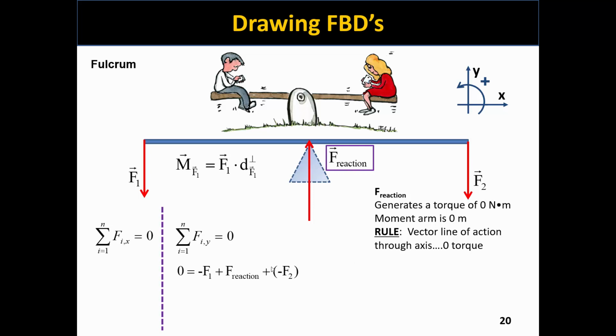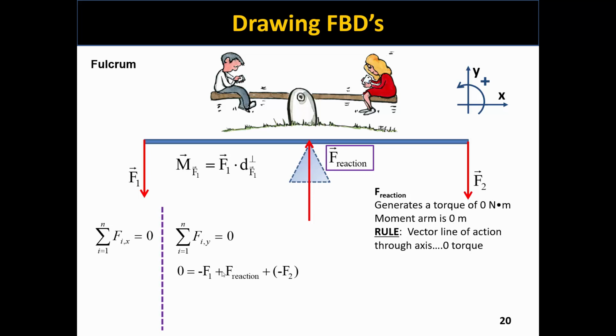So I put this in parentheses, negative F2, just to indicate that the summation means that we're adding negative values. If we were provided with numerical values for the weight of the two kids, we could calculate F1 and F2, but F reaction is the unknown force.